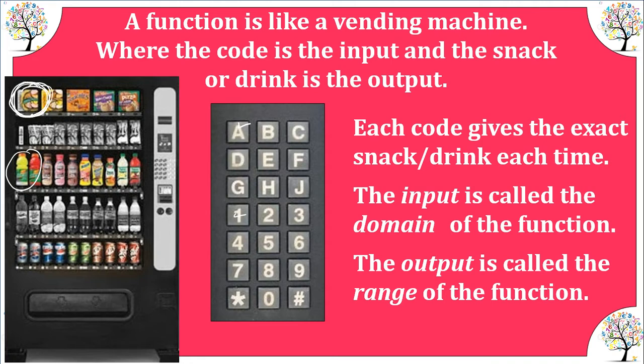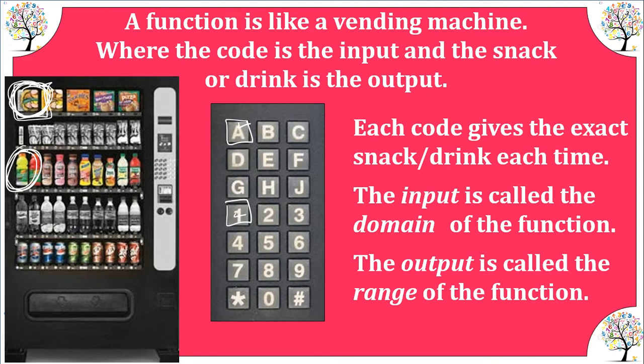But if it gave us this item or this item, then it's not a function. It has to be predictable. Every time I press A1, that's my input, A1 gives out one specific item and I know what that item is. So if I pressed A1 and I got the Gatorade, which is C1, then this vending machine would not be a function. It would not give out what I anticipated, which is this item here.